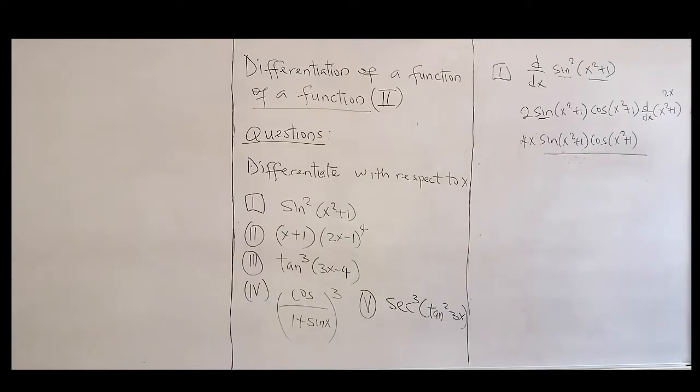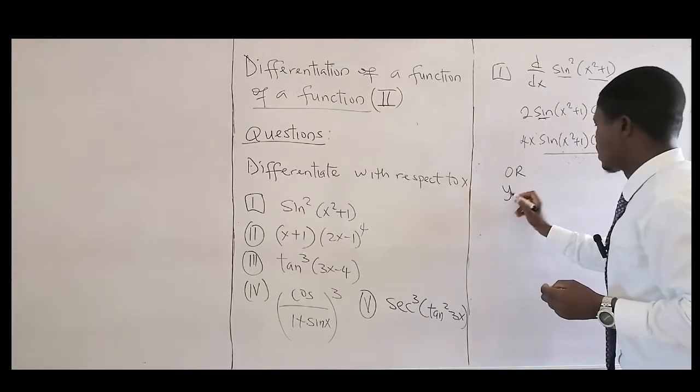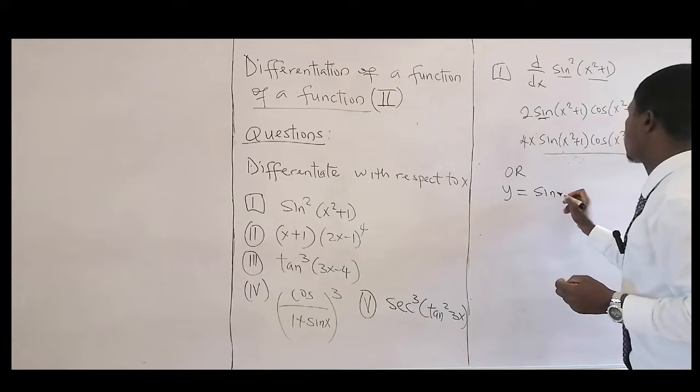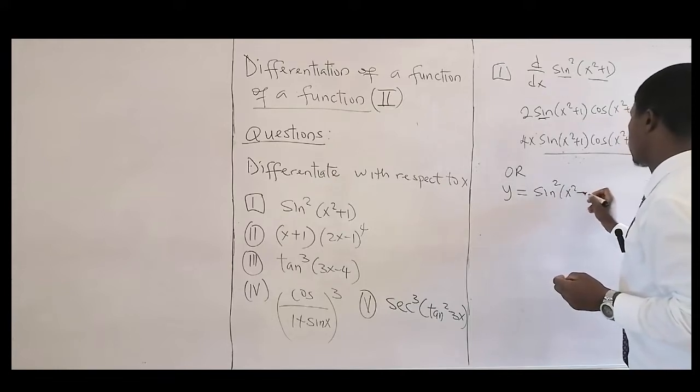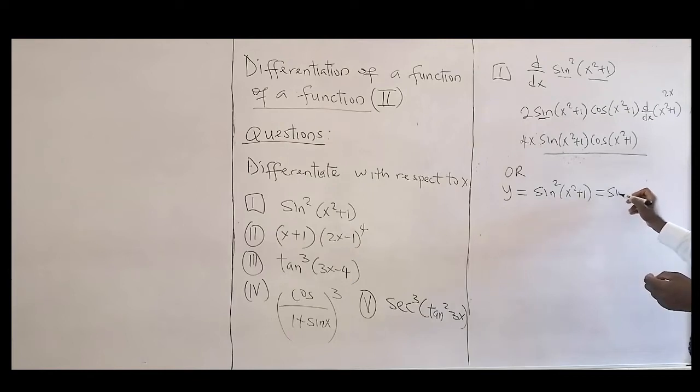If you want to use a more explanatory way, let's call the question y. The question, sine squared (x squared plus 1), will be written as sine of (x squared plus 1) to power 2.